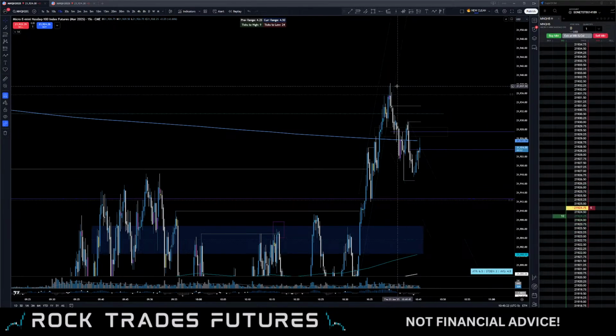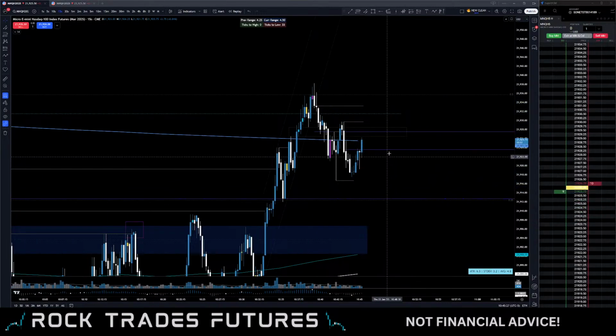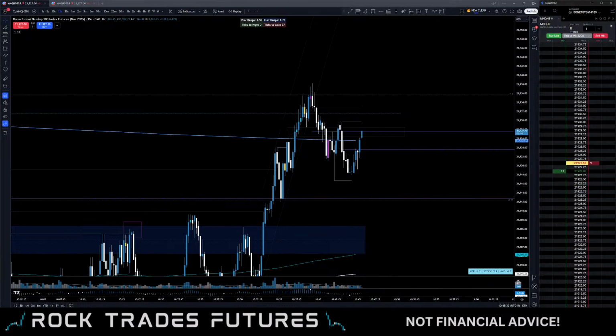All right, look. This trend line is busted. I like that. Let's try this short if I get a trigger. Give me a trigger with some decent risk that looks like a real trigger.